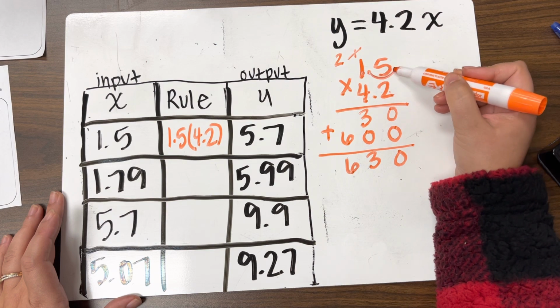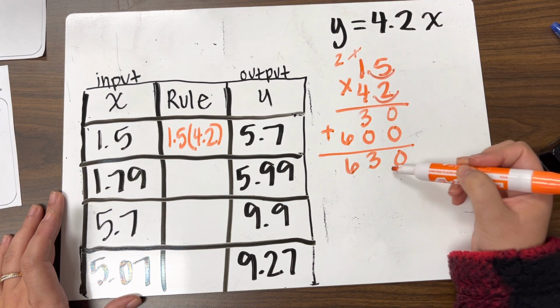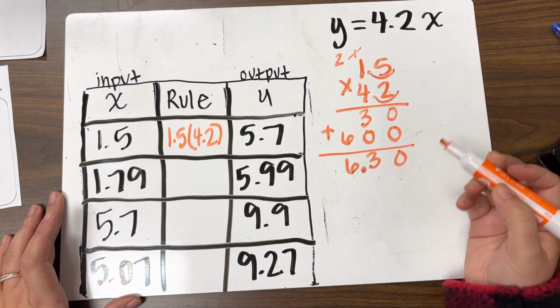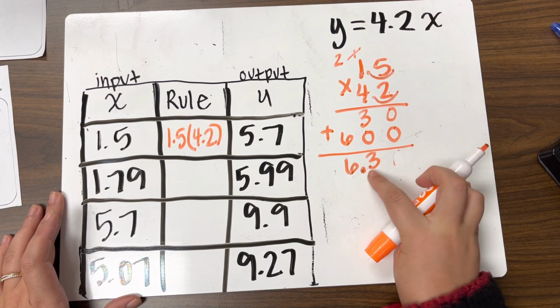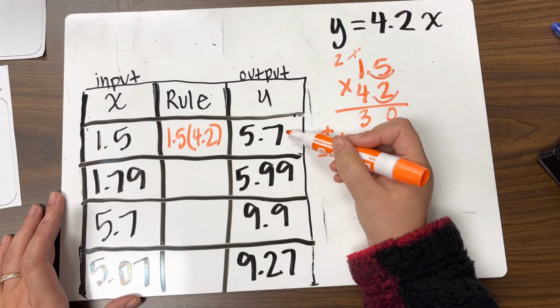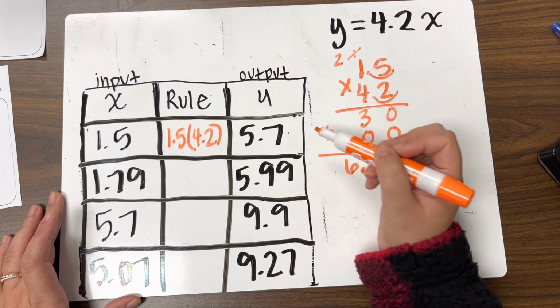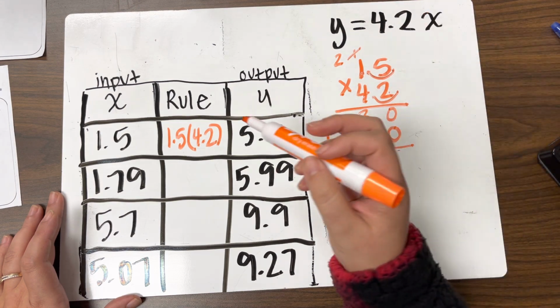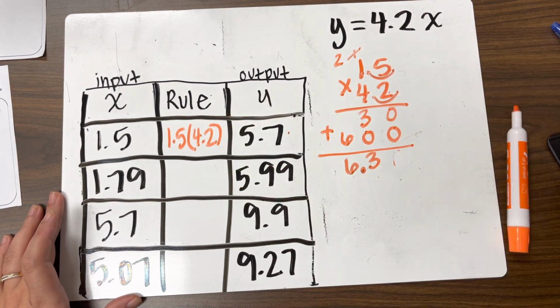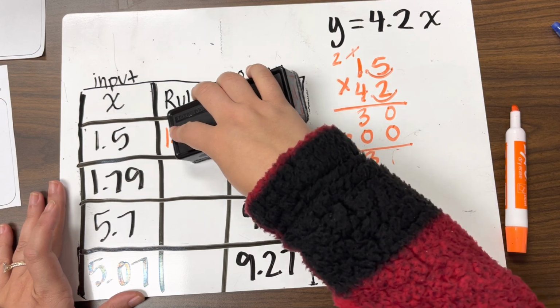Now we have 2 place values, so we're going to move it 1, 2 times. And we get 6.30, or you can also do just 6.3. So does this match my output here? It does not, which means this is not going to be correct. Okay, so I can eliminate that one already.